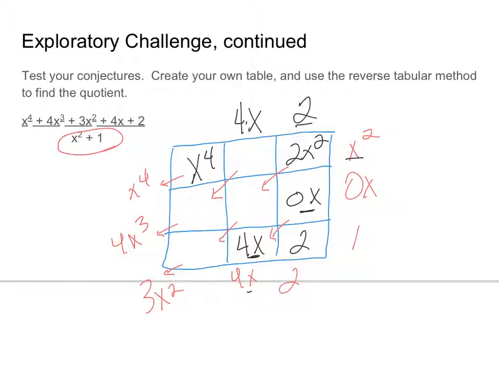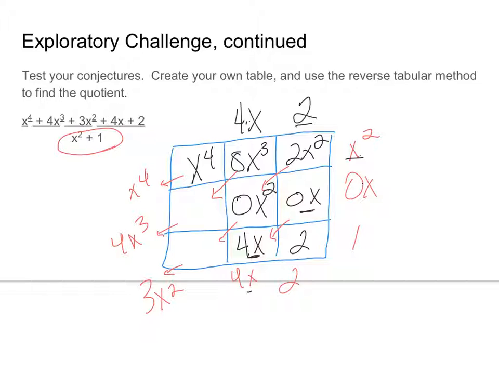Now I can multiply down that column. 4x times x squared is 8x cubed. 4x times 0x is 0x. So we can add down here 2x squared plus 0x squared. Not that it matters too much. So 2x squared plus 0x squared plus what x squared equals 3x squared.